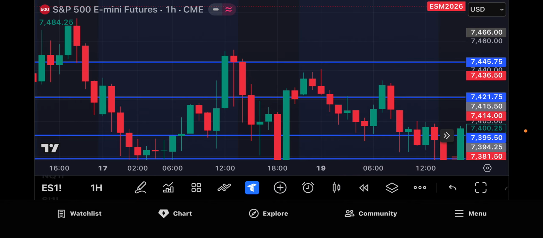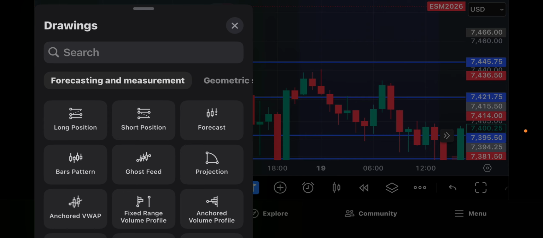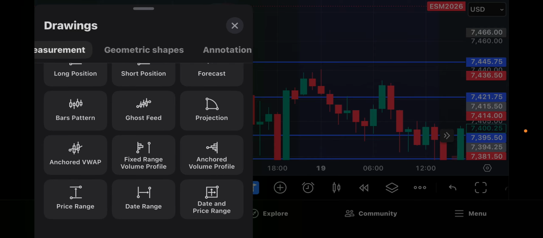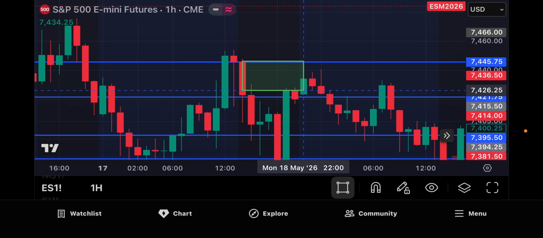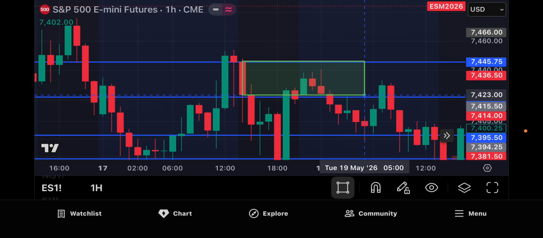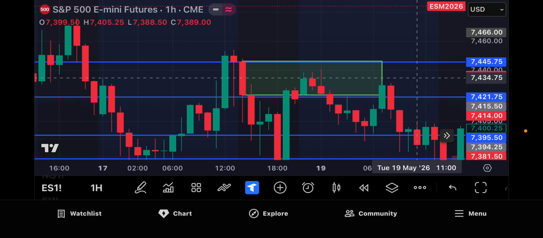Once you find the fair value gaps, you can get the rectangle from your tools. Grab from the top of this candle to the bottom of this candle, and then you can just spread it out. Now with a fair value gap, the rule of thumb is 50% of this fair value gap has to get filled for it to be activated.